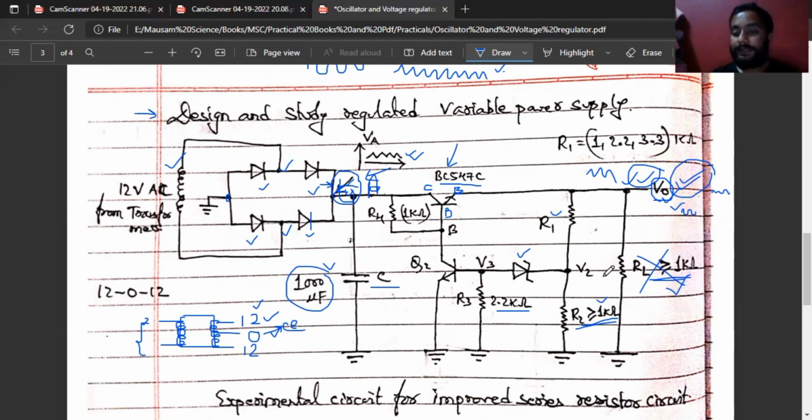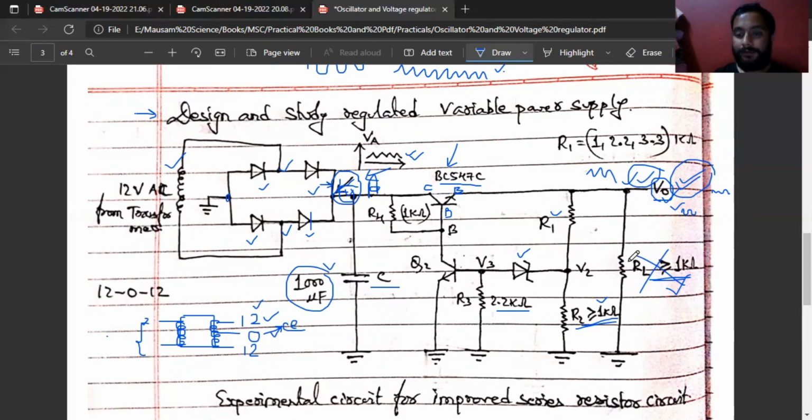Sometimes in our practical, if we keep here 1 kilo ohm, the resistor is heated too quickly, so that if we touch that resistor, we may get our hand burned, because we are supplying 12 volt AC from here, and this is being converted into some amount of DC over here. So the DC voltage is also too high, and because of that this resistor will be heated too quickly.